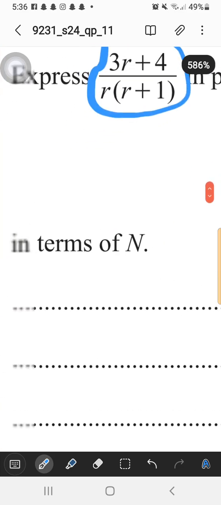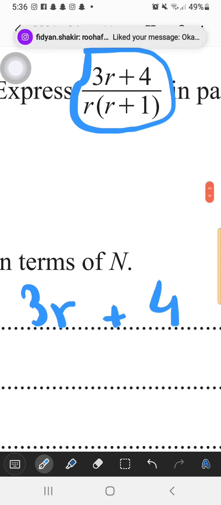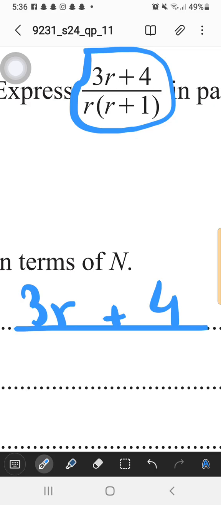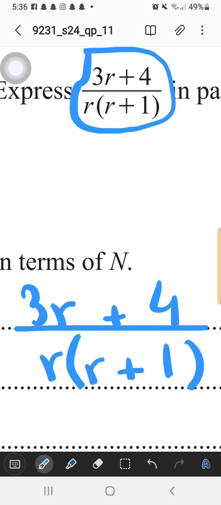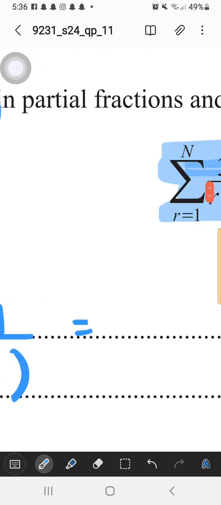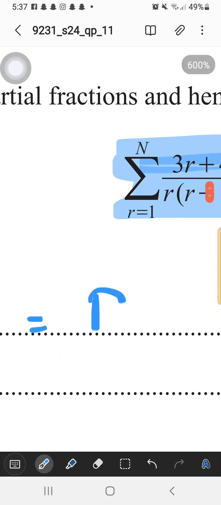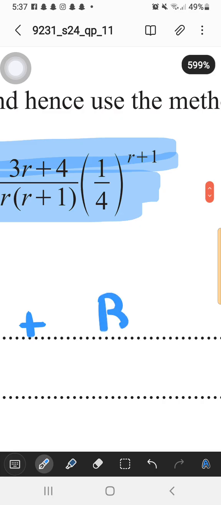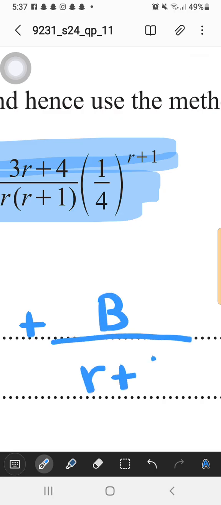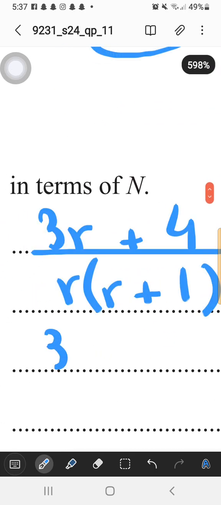So this is like this: 3r plus 4 divided by r into r plus 1. How will we do its partial fraction? It will be like this: a upon r plus b upon r plus 1. So it will become 3r plus 4.